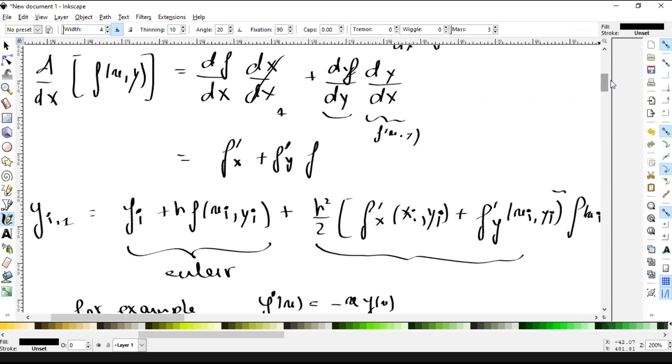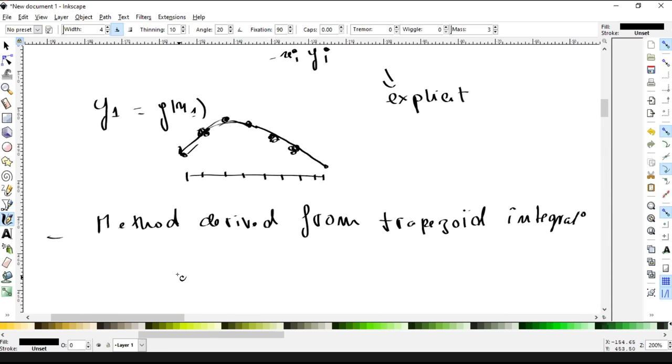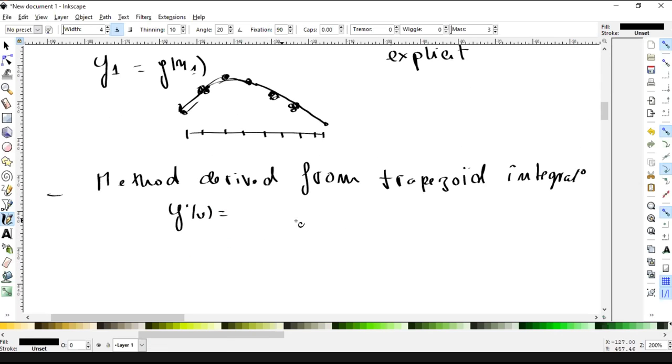Trapezoid integration. Basically, you have y prime of x equal to f of x, y. As we said, when you integrate, this means that y of x is the integral from minus infinity to x of f of t, y of t.